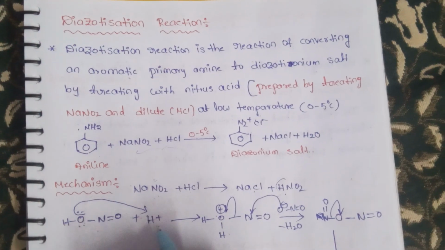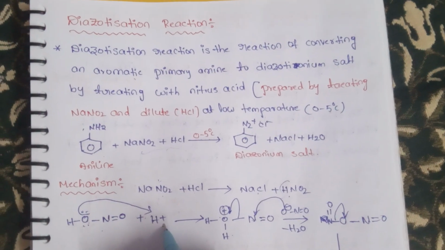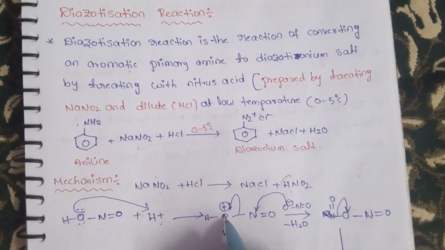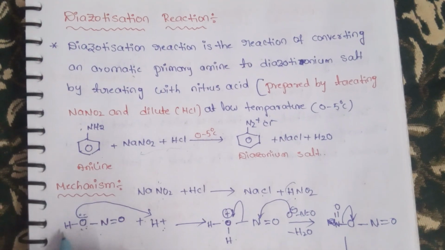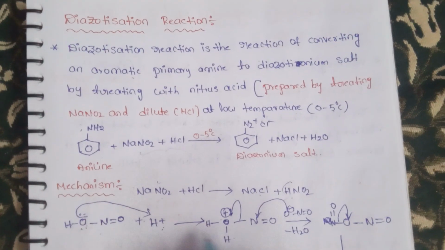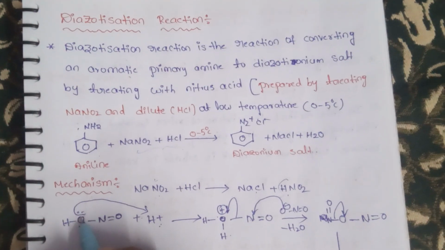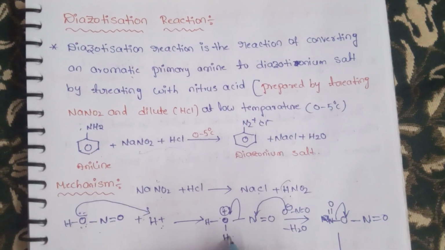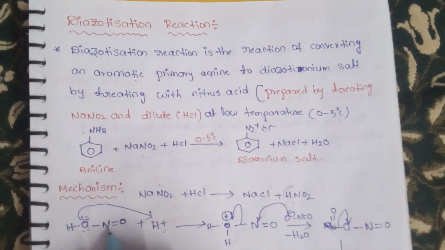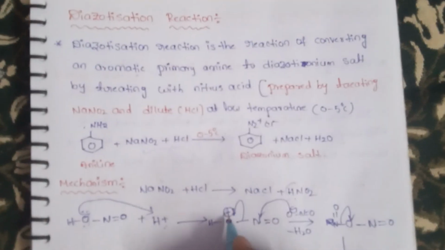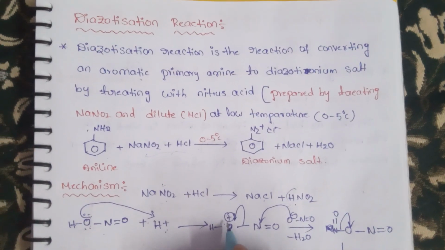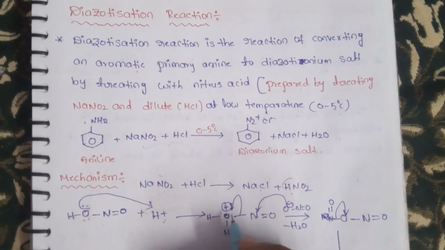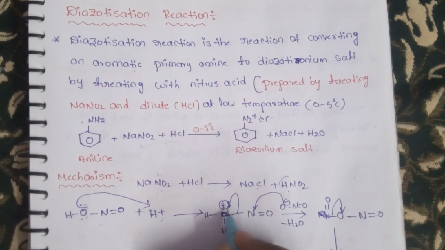So oxygen is attracted to the proton. Oxygen already has a hydrogen, and again this bond is attached to oxygen, so you have to write it like this, and the N double bond you write like this. So oxygen gets a positive charge.